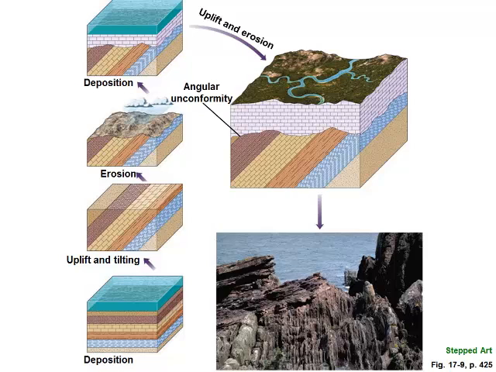And this is what it looks like. It's basically when you have the original deposition with the different rock layers right here, then there's uplift and tilting, sort of like the Rocky Mountains, and the layers are tilted at the side, so the same rock layers are now going down like this. You get erosion on the surface.